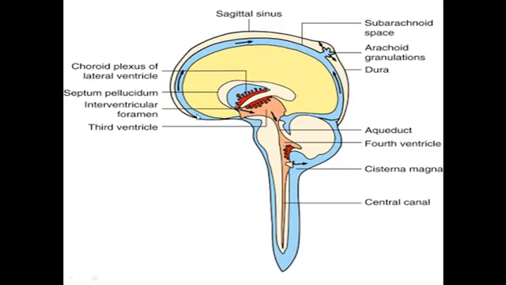Look, the cerebral aqueduct. And after that, it will pass and nourish the brain through the cisterna magna and other cisterns, circulating the whole brain. Sagittal sinus, subarachnoid space, and dura mater.